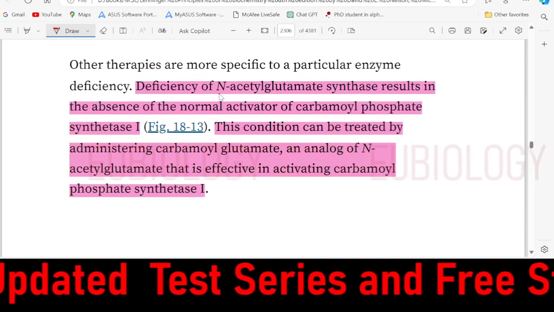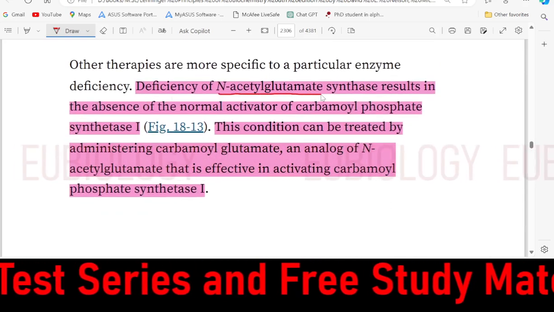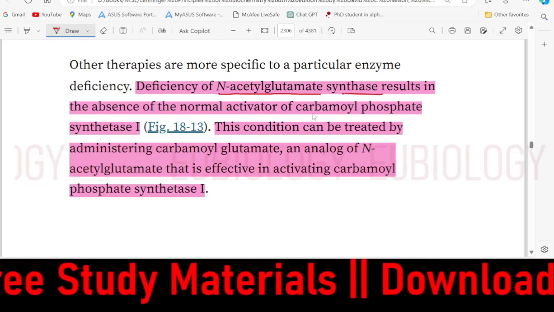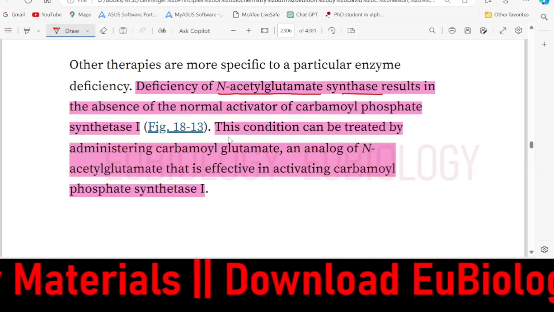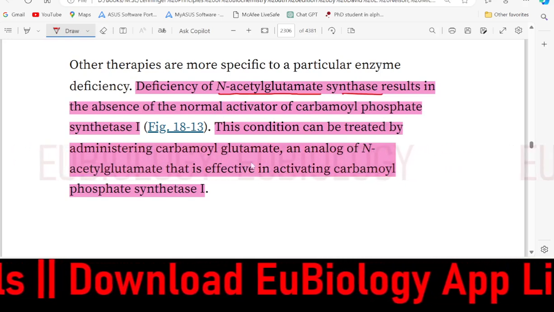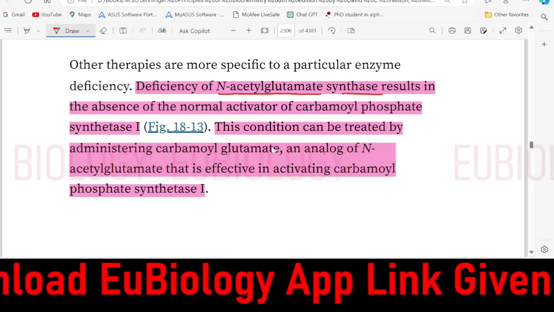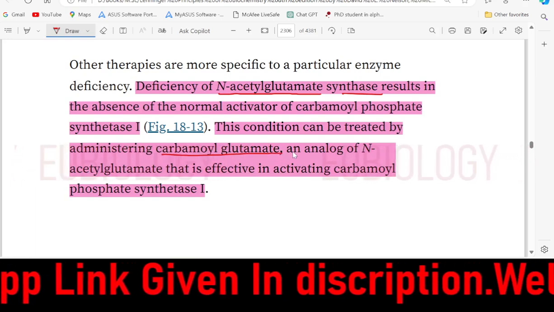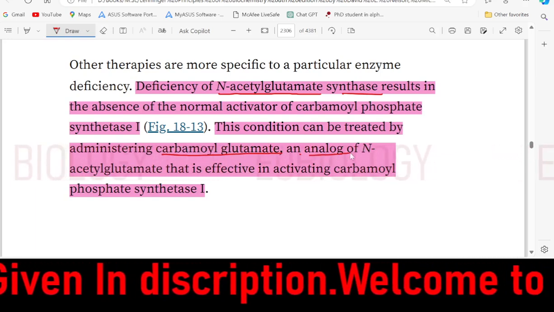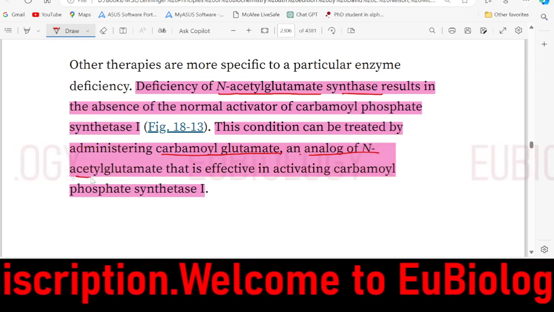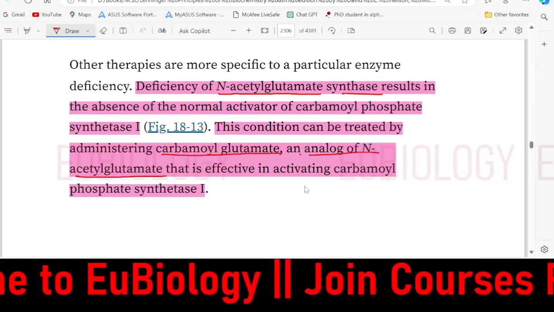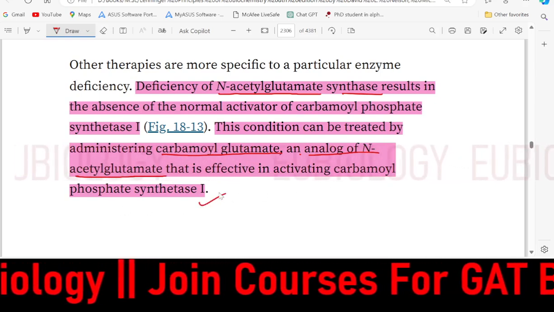So there is one more question. If deficiency of N-acetylglutamate synthase results in the absence of the normal activator of carbamoyl phosphate synthase, already we saw, it is treated by what? Administering carbamoyl glutamate, an analog of N-acetylglutamate. So if carbamoyl glutamate is given, then the enzyme carbamoyl phosphate synthase will be activated.